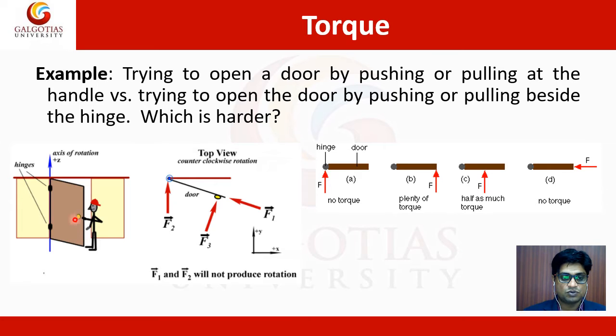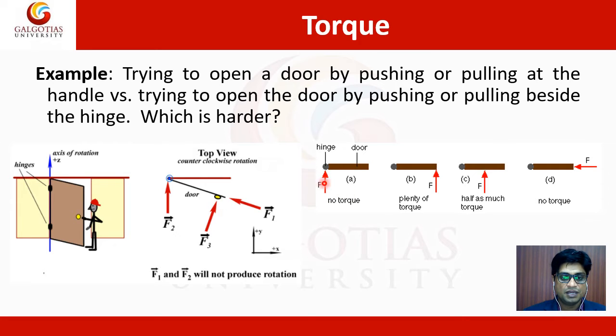If we try to rotate the door at this point, or at that point, which will be easier? Here is the door and a person trying to rotate it, seen from the top. If a force is applied here, and this perpendicular distance is r, then tau equals r cross F.